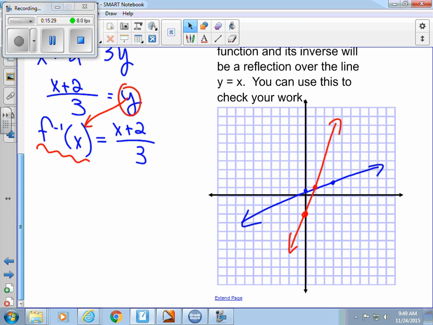What you will notice is that these two functions are a reflection.